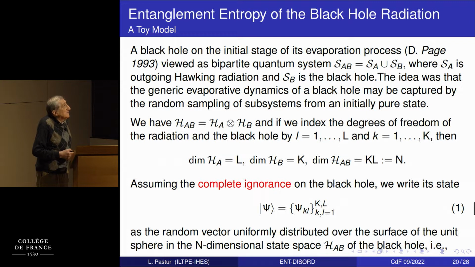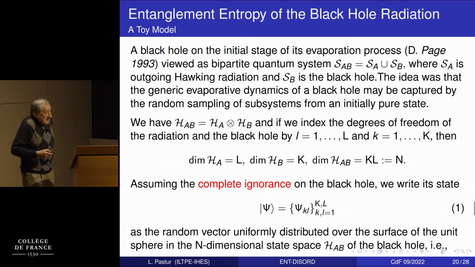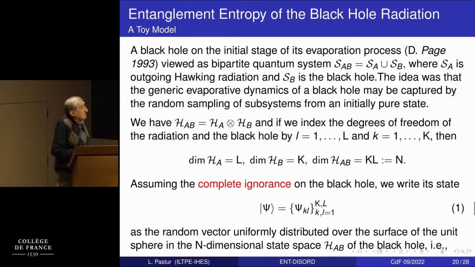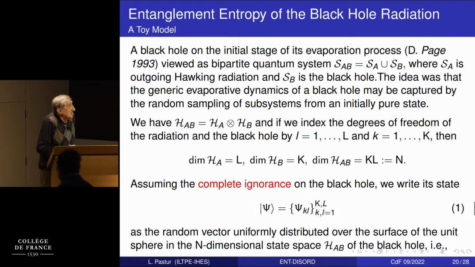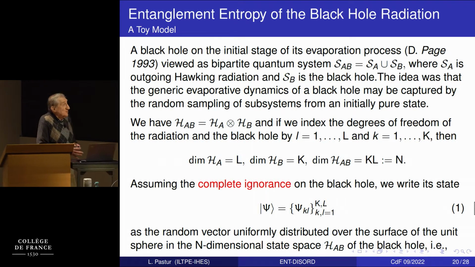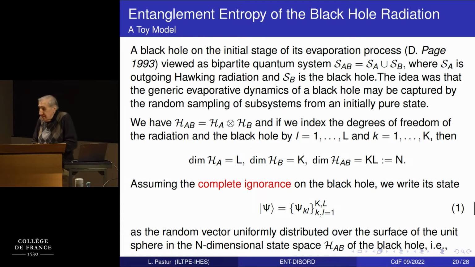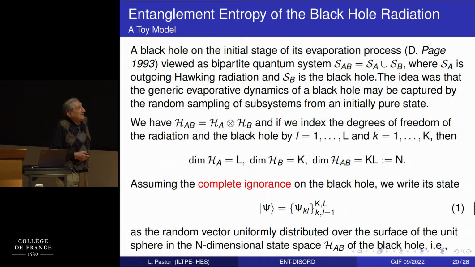Since it is a tensor product, you index vectors by two indices, one for the black hole, the second for the radiation. Since we know nothing about the system, we assume this is just a random vector uniformly distributed over the n-dimensional sphere. And this is all.